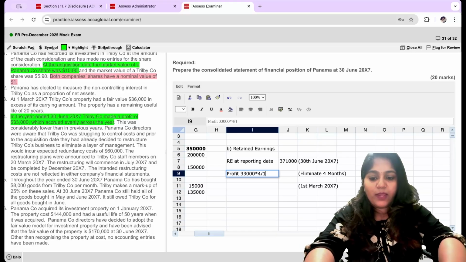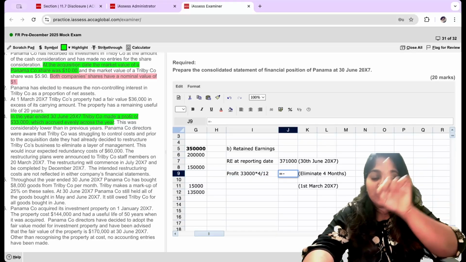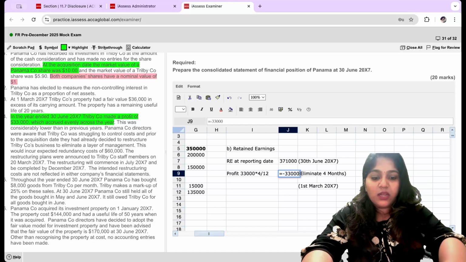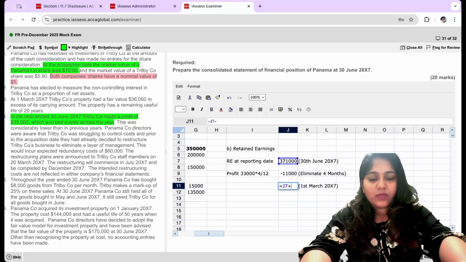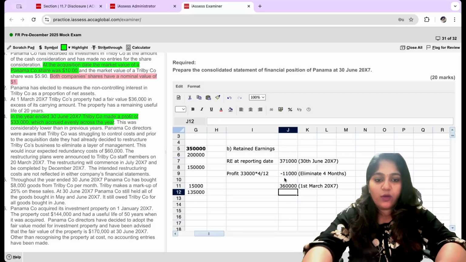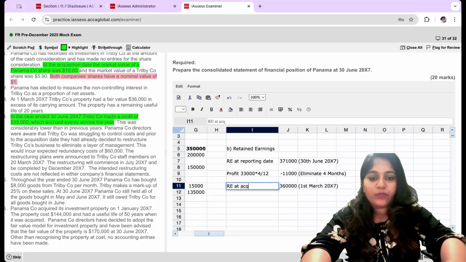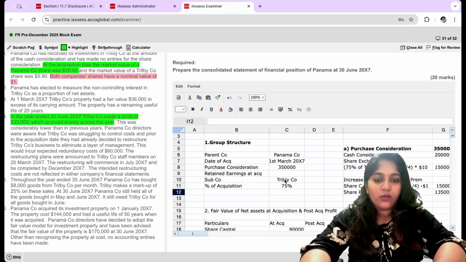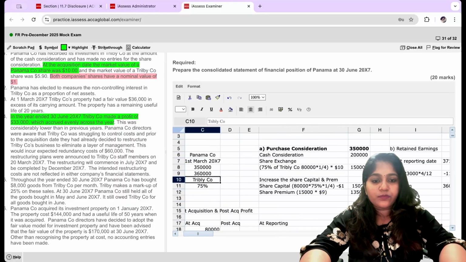That into 4 by 12, I will eliminate, so that I get to know the retained earnings at the date of acquisition. When I do this, my retained earnings at acquisition will have a value of $360,000.